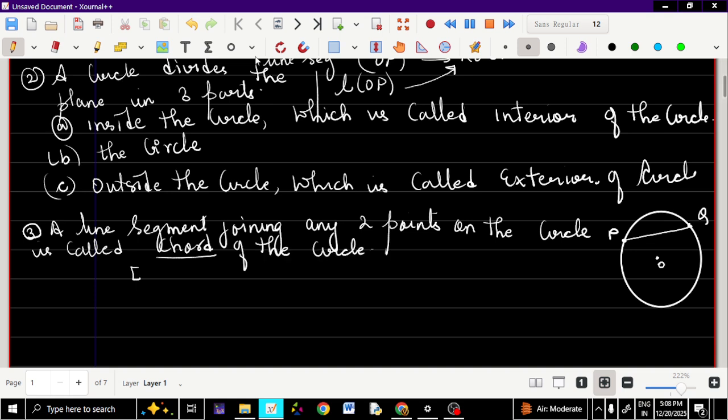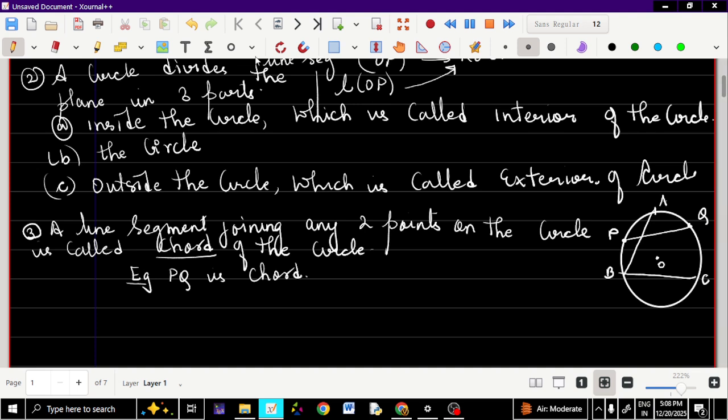For example, in the circle which I have drawn, PQ is a chord. Okay. So a circle can have lots of chords. So if I mark A here and I join it here, then AB is another chord, right? BC is another chord. So these are different chords.